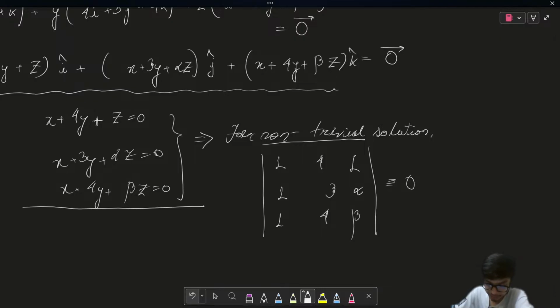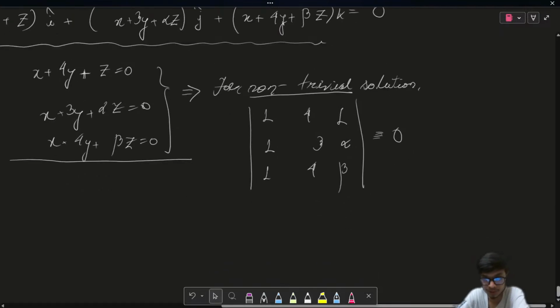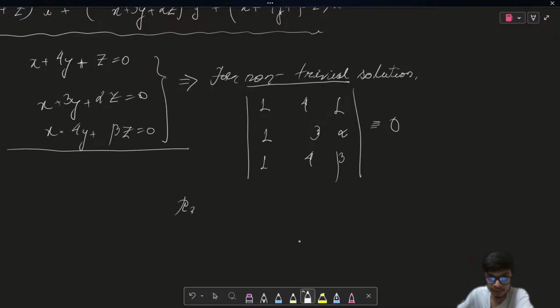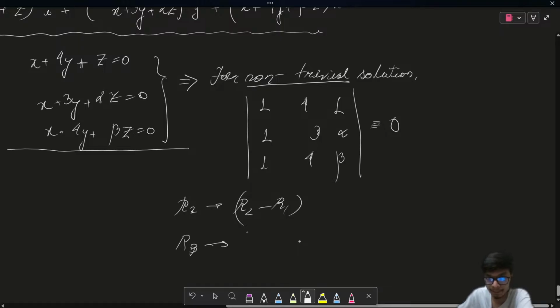So let us try to solve this determinant. I can do some row transformation to make it easy. Let us say row 2 goes to row 2 minus row 1, and similarly row 3 goes to row 3 minus row 1.